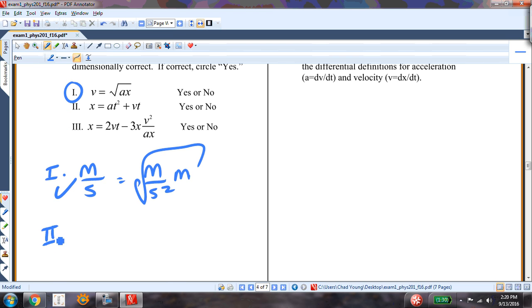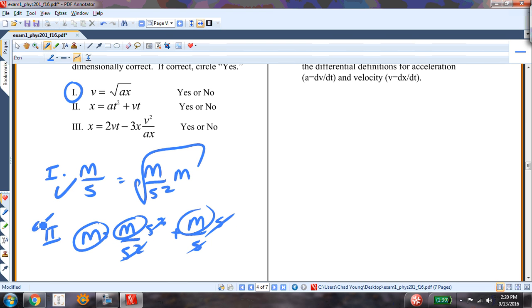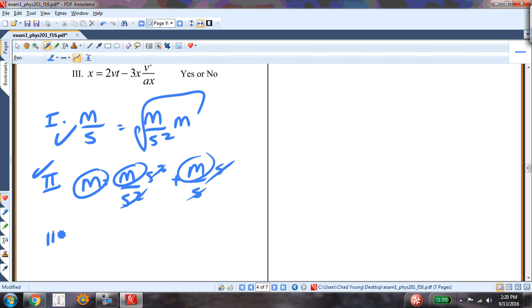For 2: meters, meters per second squared plus meters per second. Those cancel, give me meters, meters, meters. So this one's okay. And then this last one, 3: meters, meters per second, leaving off the 2 because it's a constant.